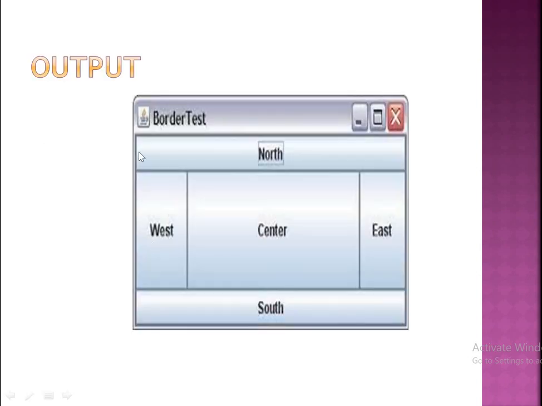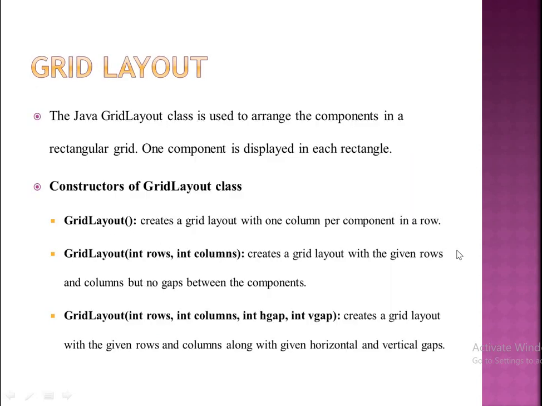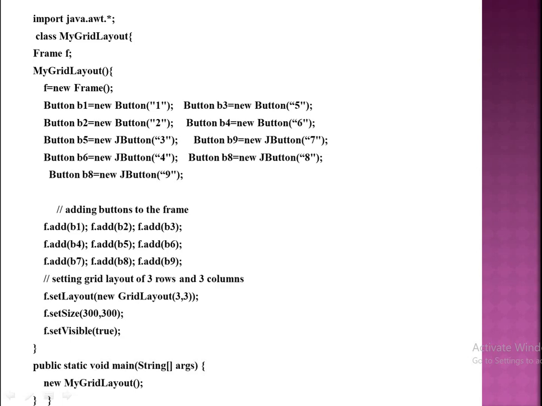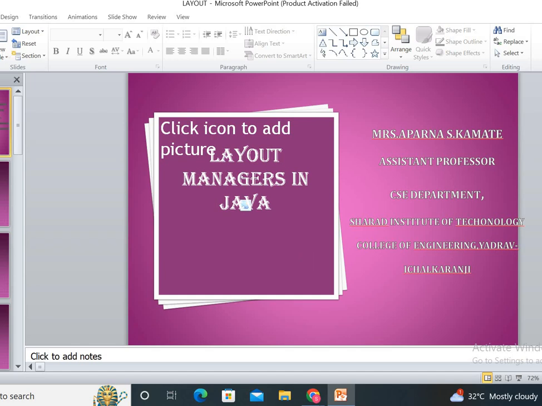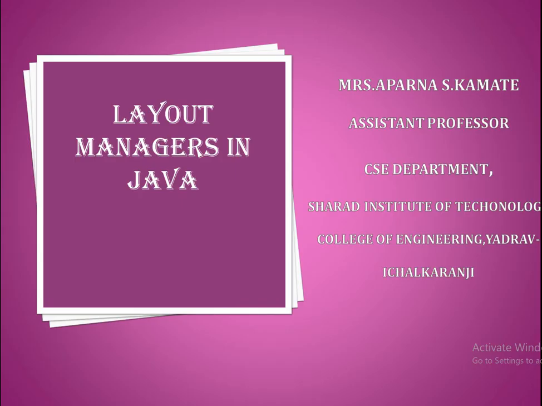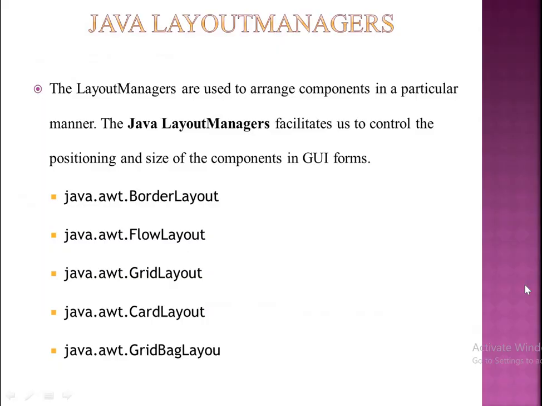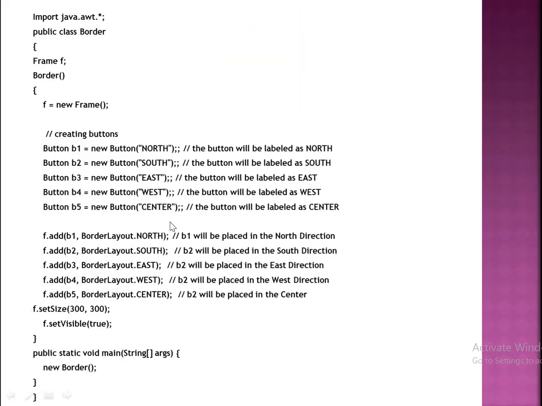That means B1 will be placed in the north region. Second, f.add(B2, BorderLayout.SOUTH), the second button is placed in the south. That means B2 will be placed in the south region.